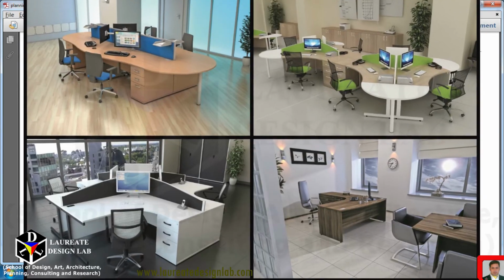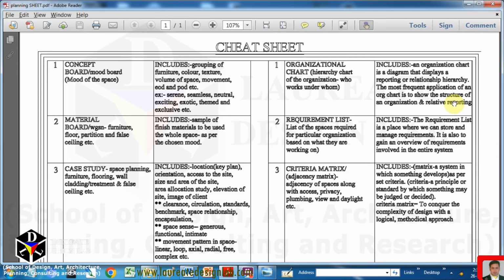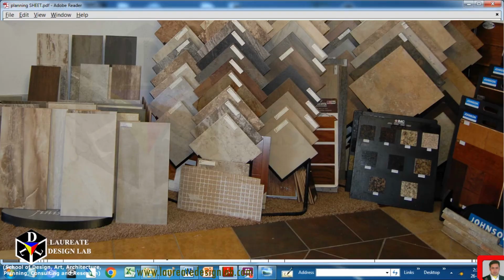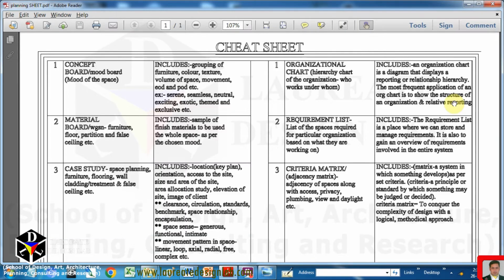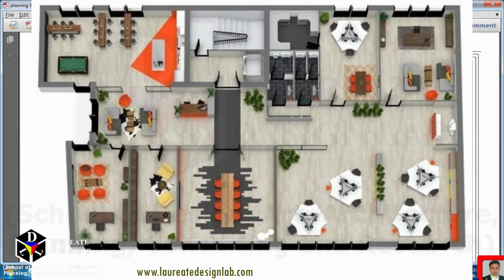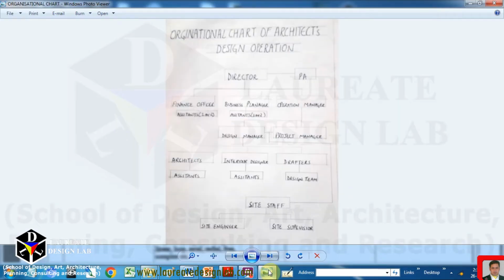To select even furniture, you need what? Hierarchy chart. To decide your upholstery, your curtain, the floor, the space allocation, what do you need? Hierarchy chart. The person who is on top will have everything top notch, all the resources, all these instruments. So this is the organizational chart.